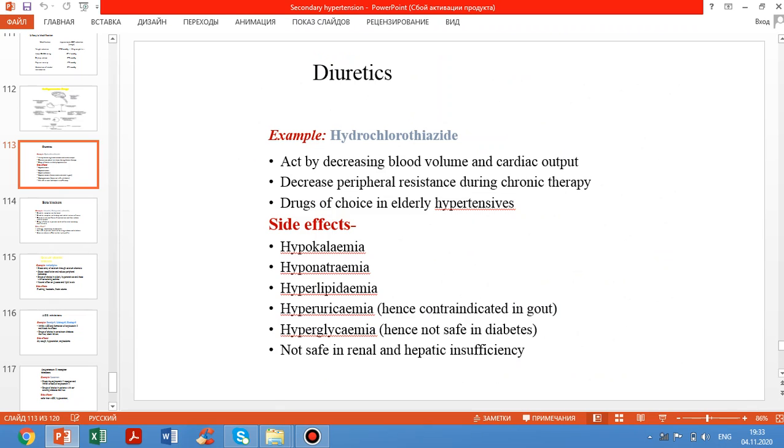Example, hydrochlorothiazide acts by decreasing blood volume and cardiac output, and decreases peripheral resistance during chronic therapy. Drugs of choice in elderly hypertensive. Side effects: hypokalemia, hyponatremia, hyperlipidemia, hyperuricemia, hyperglycemia. Not safe in renal and hepatic insufficiency.